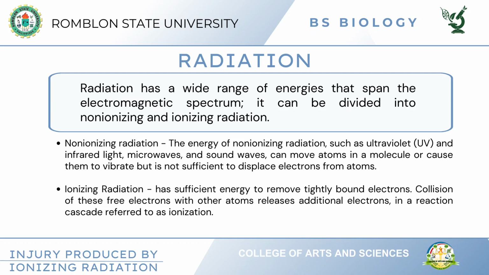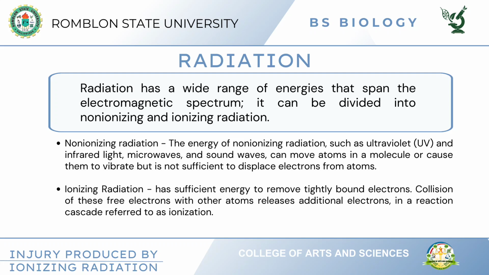This type of energy can make atoms move or vibrate, but it's not strong enough to knock electrons out of atoms. While non-ionizing radiation can affect our body, like it can cause sunburn, it doesn't have enough power to cause the same kind of deep damage that stronger radiation can, like X-ray.